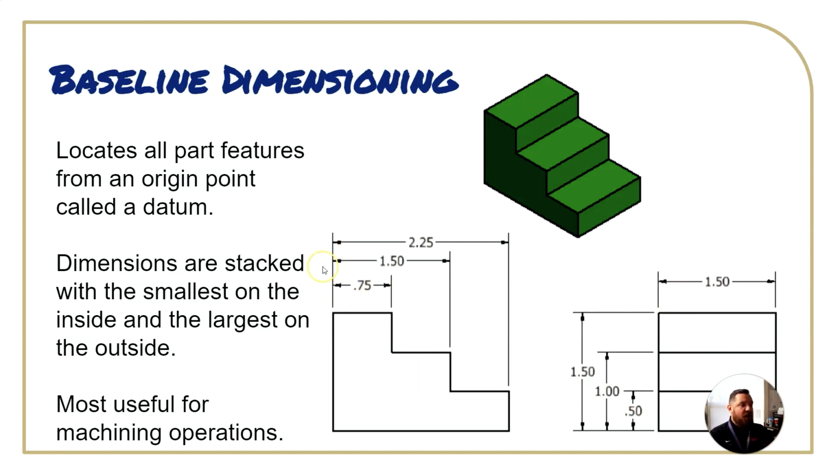They start at the same end point or start point or baseline, and then they all go to different endpoints. This for me is a very clean and potentially more accurate way of dimensioning, because it leaves less margin for error as opposed to chaining. Each one could have margin of error, but I like these.